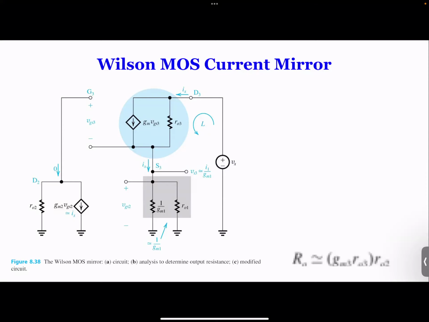But as you can see, the resistance is much larger than just one current mirror. With one current mirror, you have the resistance RO2. So that's RO. But with this mirror, you have RO equal to GM times RO3 times RO2. So this is like one stage.